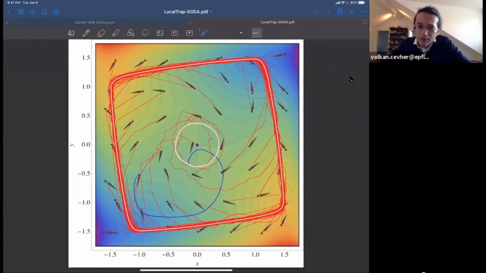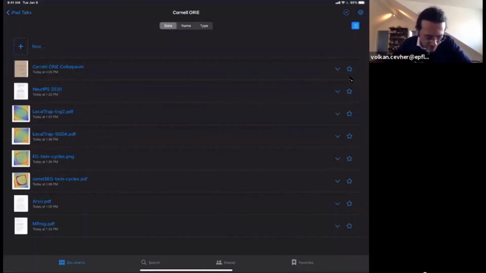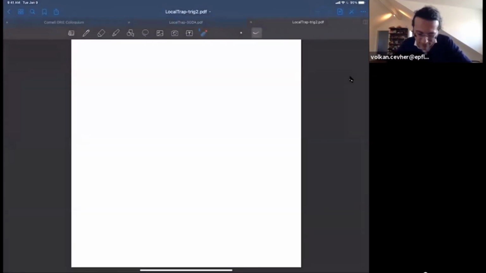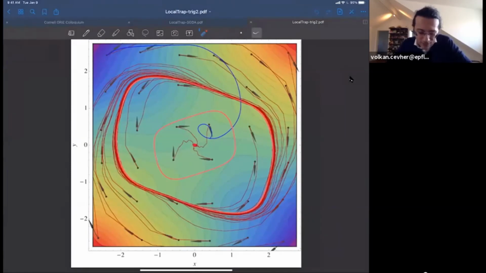And the only way to reach this min-max point is to initialize it within this inner circle. All right. So this shows you the difficulty of such problems. There are many traps.